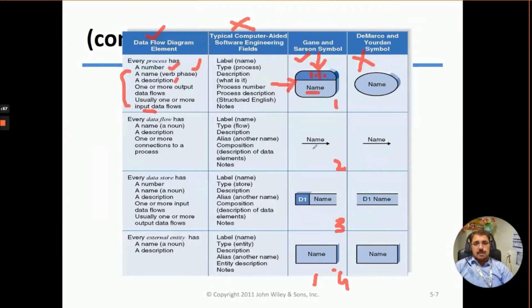This one is data. We represent data flow by an arrow, and this arrow has a name, and you see this arrow must be one directional, okay, single directional. It should not be double directional like this. No, it is wrong. Why? Because it has a name, and if it is bidirectional, then the name is confusing.